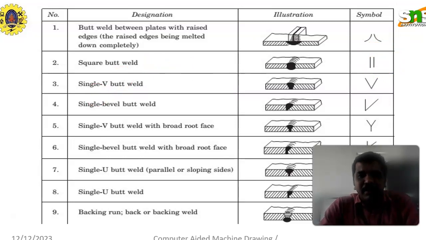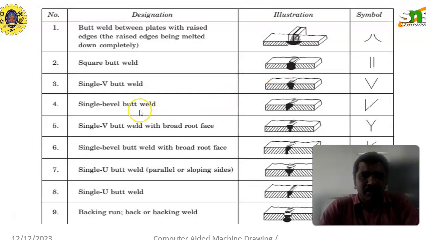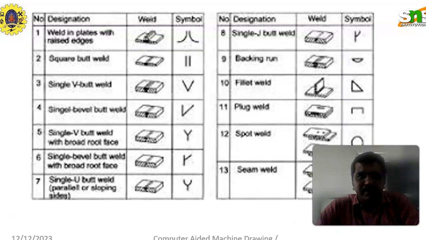Likewise, along with the abbreviation part, the symbolic representation part is also very important in diagram representation. Here we have single bevel butt weld, single V butt weld, single V butt weld with broad root face, single bevel butt weld with broad root face, single U butt weld with parallel and sloping sides, single U butt weld and backing run, back or backing weld, fillet weld, plug or slot weld, spot weld, seam weld.